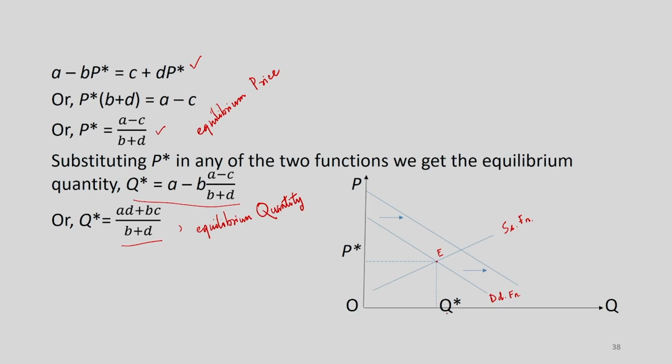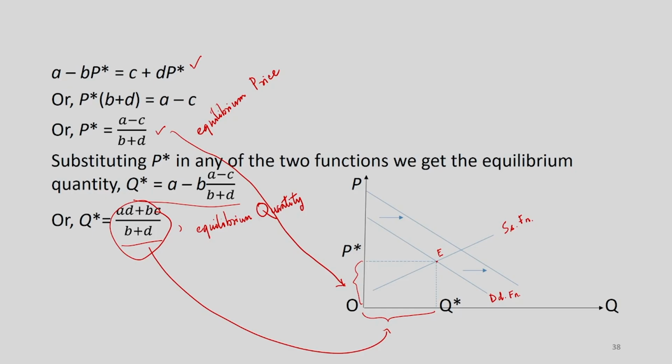So, this perpendicular EQ star on OQ, OQ star, this part is this value, AD plus BC divided by B plus D. And as I draw the perpendicular on the vertical axis, I get OP star, that intercept, and that is given by this quantity, A minus C divided by B plus D. Okay, so this is the geometrical interpretation of the same solution, the equilibrium.